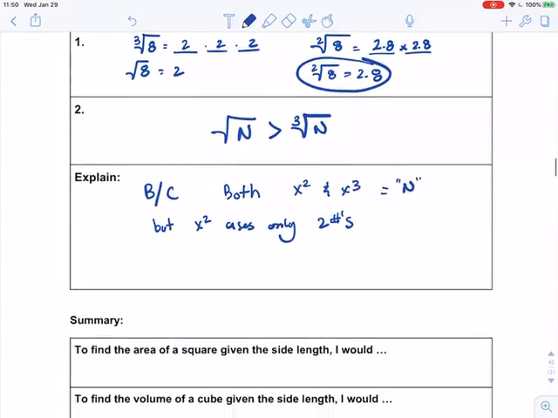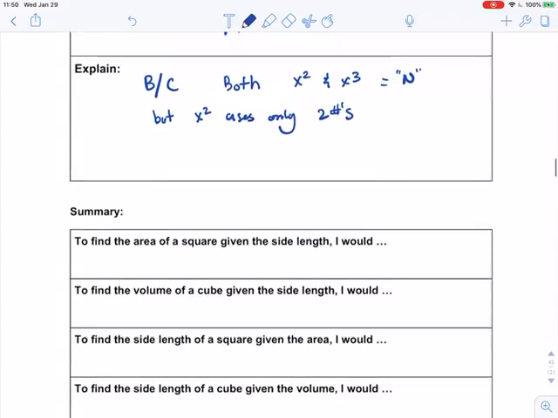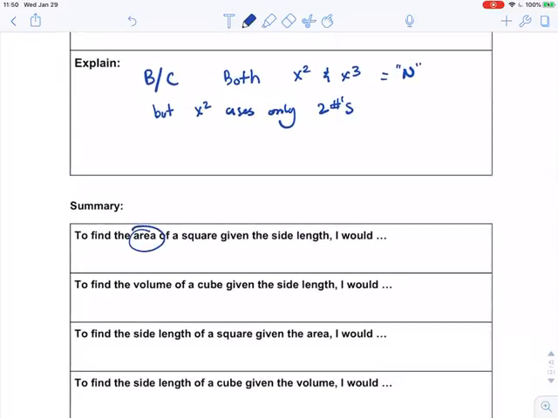Okay. All right, summary. To find the area of a square given the side length, well, that's easy. Here's a square. If that's x, the area is equal to side times side. You can also say area is equal to side squared.